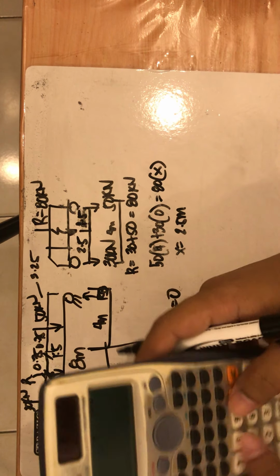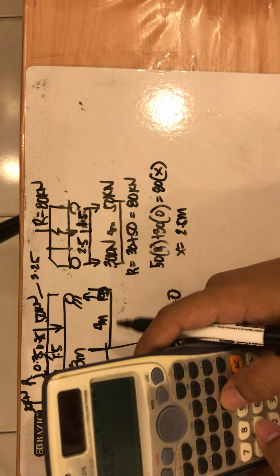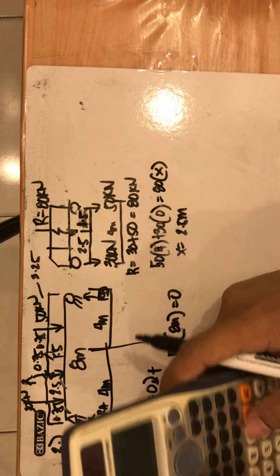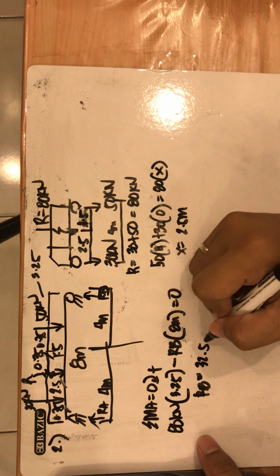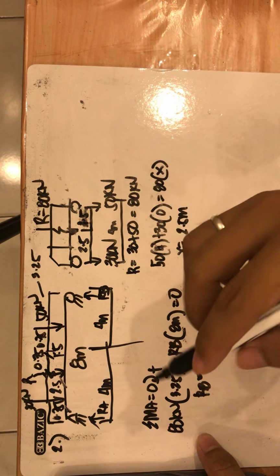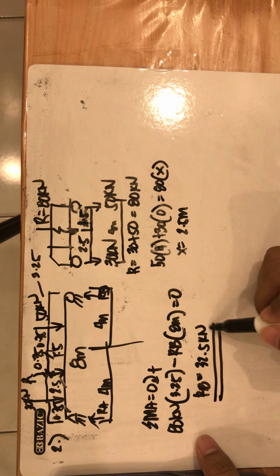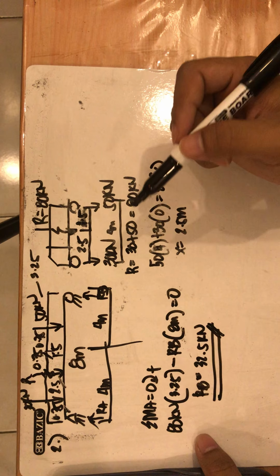So, RB is 80 times 3.25 minus RB times 8 equals 0. So our RB is 32.5 kilonewtons. That is only the reaction, right? So let's go to the moment.